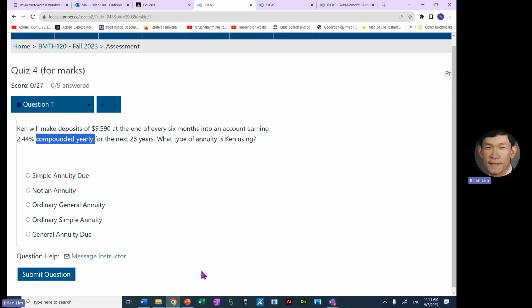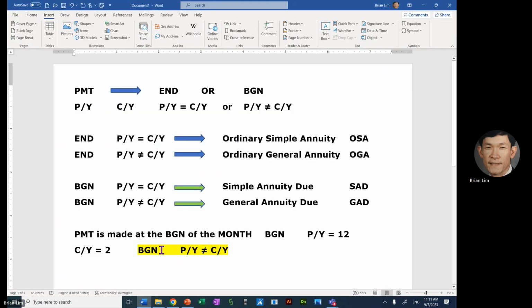Okay, so end of every 6 months, and compounding is yearly or annually. All right, payment is made at the end. Let's put that end of every 6 months. So we have the word end, correct? Yes, end of every 6 months.